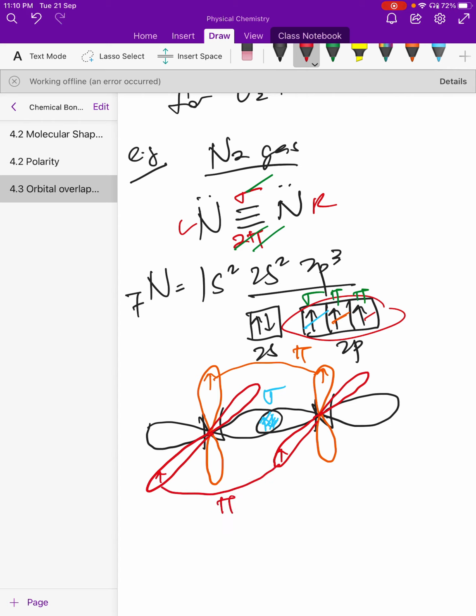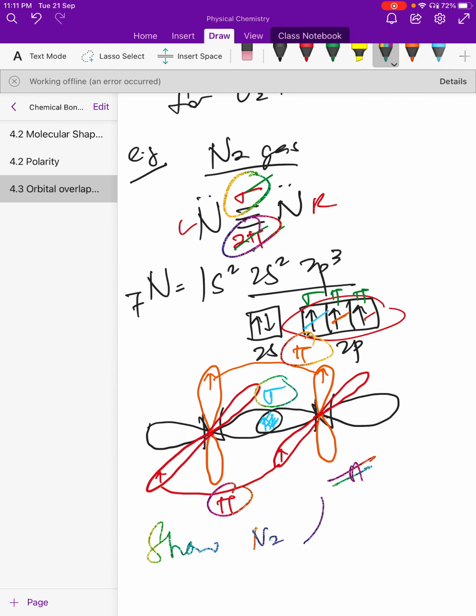So students can check here. We have 1 sigma and 2 pi. So this is the answer. Again, a question will ask you to show the overlapping of pure orbitals for nitrogen gas, and this is the answer. Thank you.